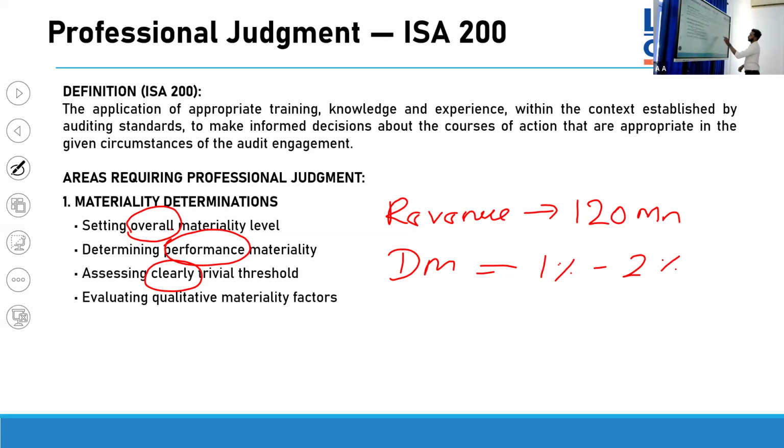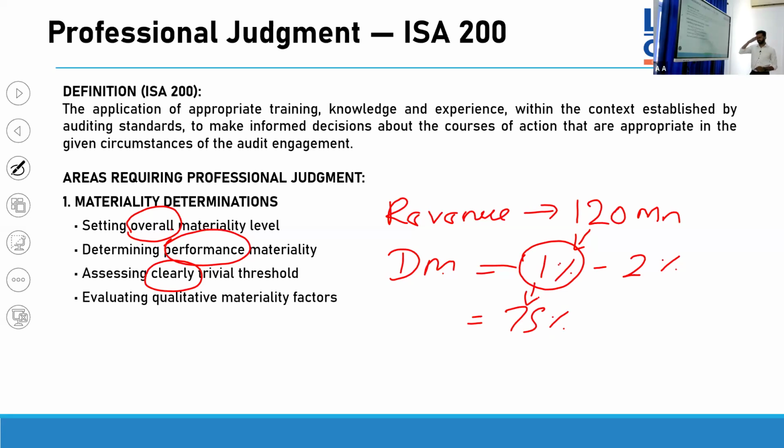Which means from 120 million, you can decide 1% is your overall materiality level, right? The performance materiality is a materiality level below the overall materiality, which means 75% of this materiality level.